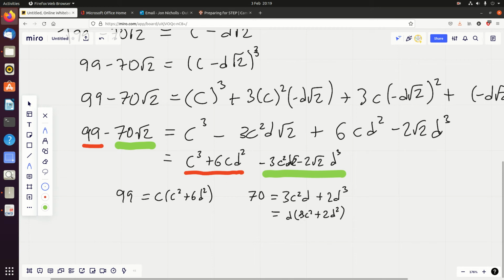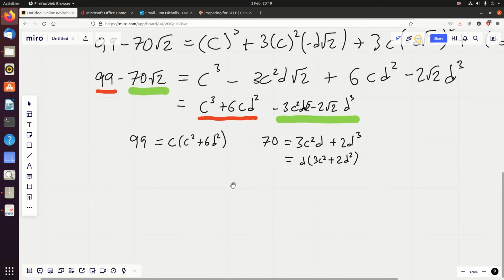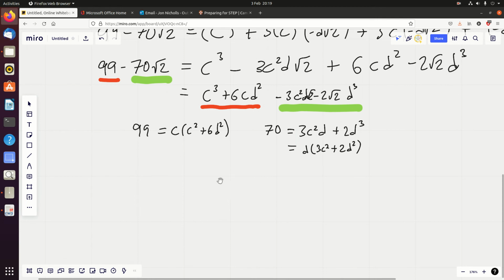Now, at this point in the question, this is probably where you get stuck and have to think a little bit, because remember, we've got to find two integers, c and d, such that these equations are true. Well, this is a funny thing. When you know it's definitely an integer value that you're looking for, especially because they've just asked us to find the value of c and d, you can use an inspection method.